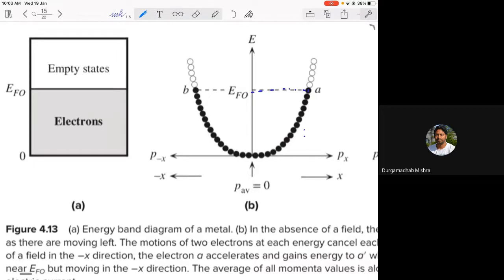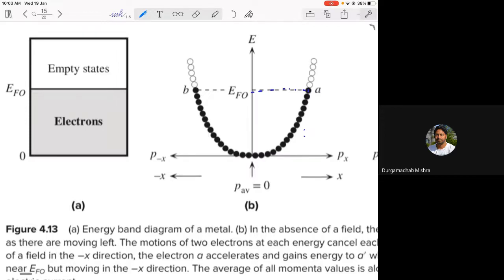In the same band, you have some empty states available where electrons can go if an external field is applied, or if you give some energy to the electron.